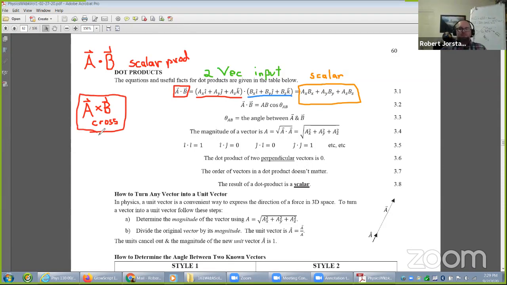For scalar products, it doesn't matter if you switch A and B, you're going to get the same number. But I want you to get some good habits here. Always worry about the order of operations on these things, okay? So make sure you're always thinking about the order. Why? Because when we're doing cross products, it does matter. It'll flip the sign and you'd hate to lose a point just because you did things in the wrong order. That would stink.